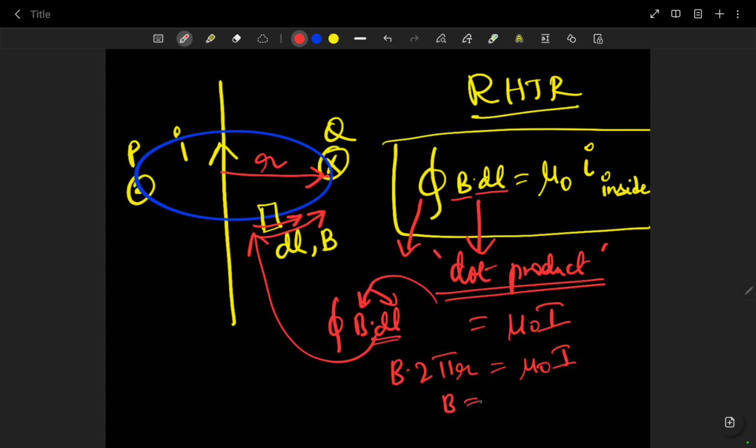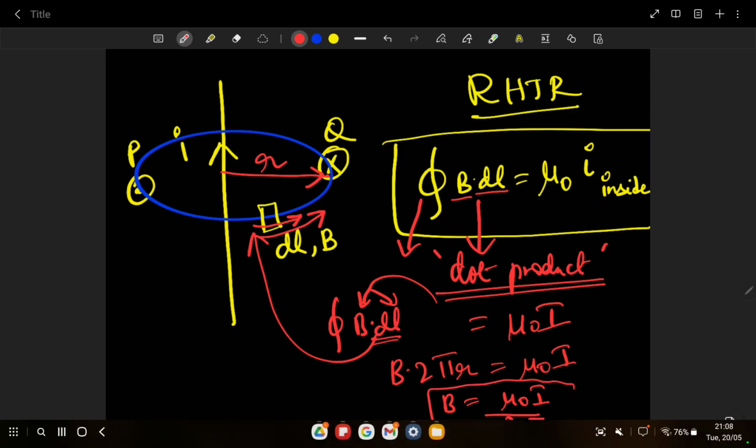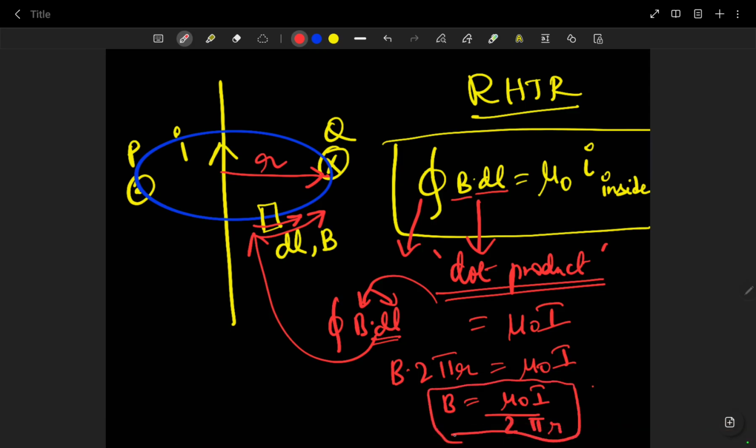So can you find the magnetic field? Yes, we can. Mu naught I by 2 pi r. So this is going to be the magnetic field.